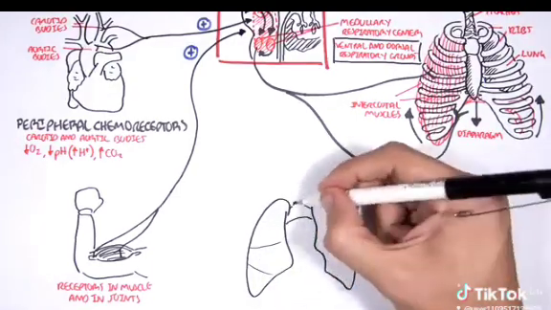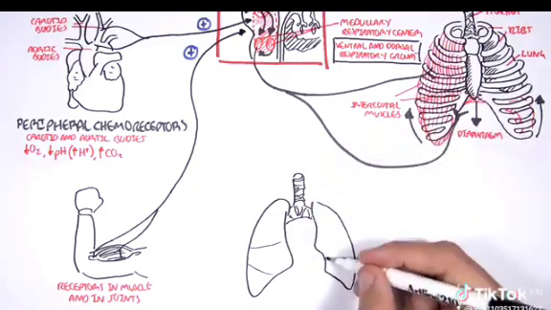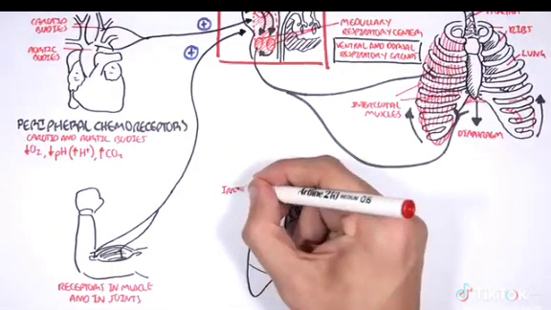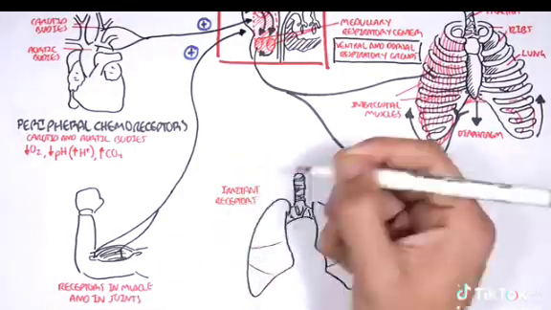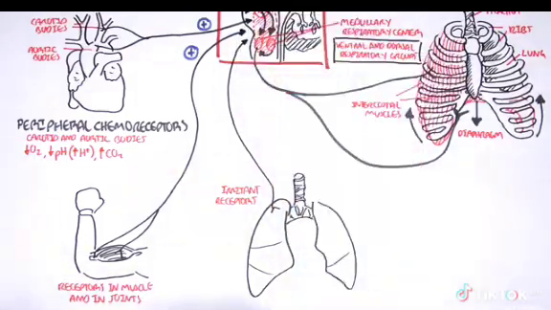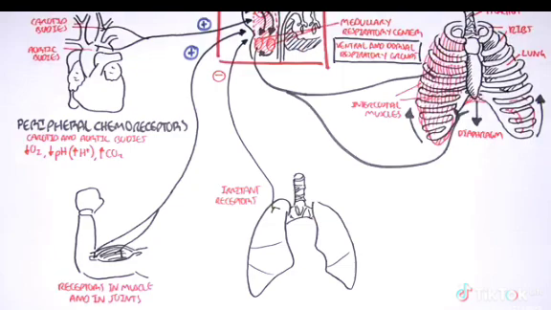And finally, you have things in your lungs that can influence the respiratory center in the brainstem. Firstly, you have things called irritant receptors, which are receptors that are protective in the lungs that help essentially blow off the irritant. And so when they're stimulated, they will suppress the respiratory center to slow down respiration.